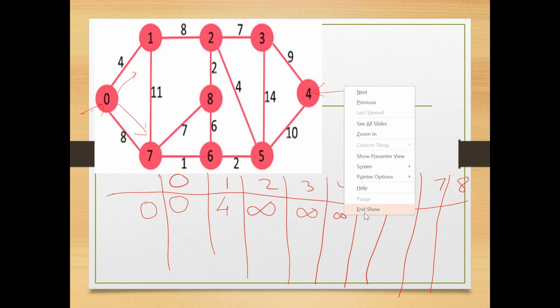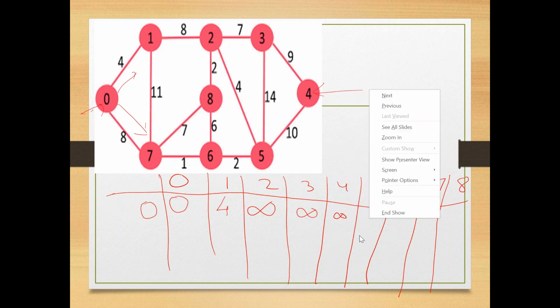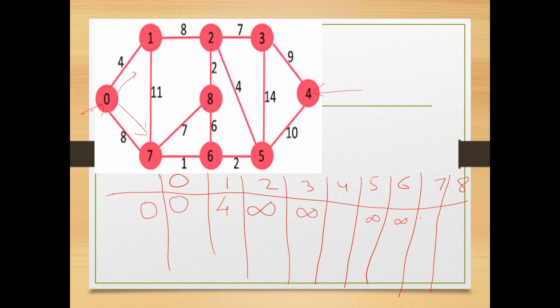Similarly 5, we cannot. 6, not. Yes, we can reach 7 using the distance 8. Okay, first step is clear to everyone. Any doubts in the first step? In the chat box? Okay, no doubt. Good.